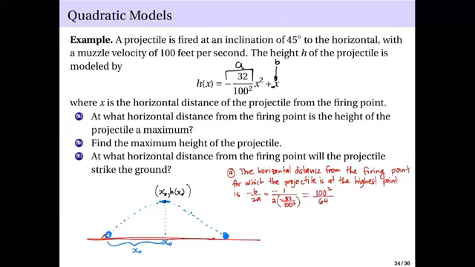And we can simplify this. But when you simplify, be sure to write it in fraction form. So you have 100 squared, that's 10,000 divided by 64, which is 156.25.